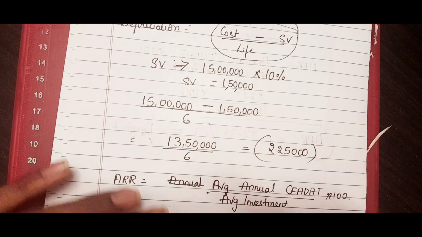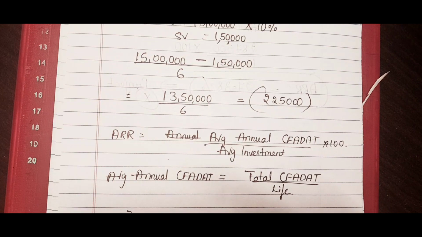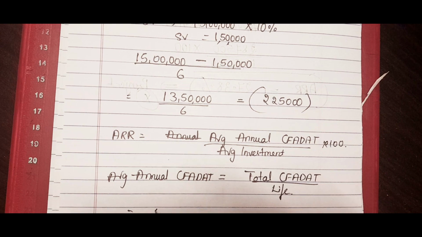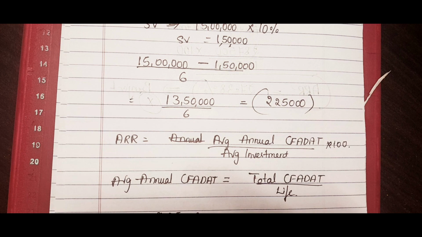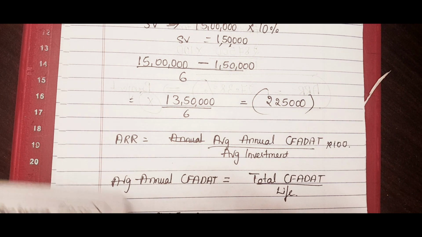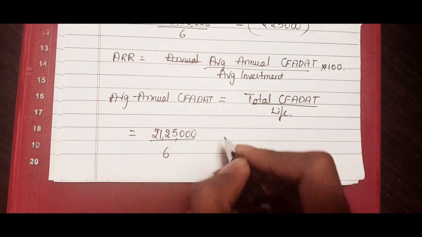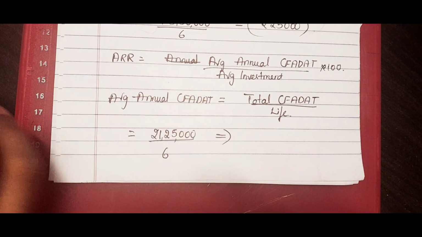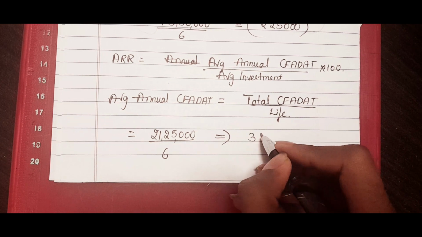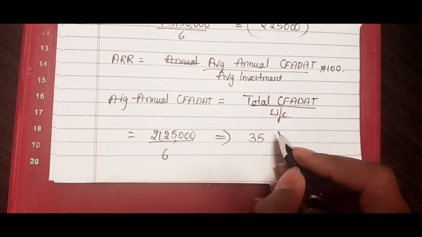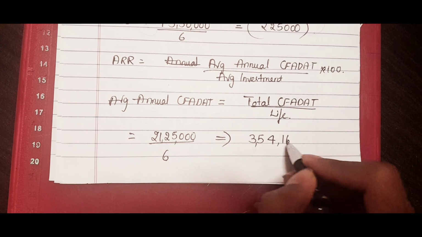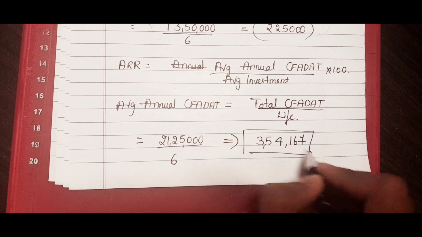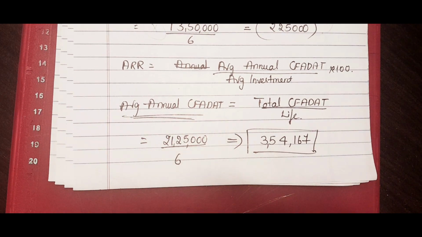It comes to 21 lakh 25,000. Now divided by life. The life of the machinery is 6 years. So divided by 6, it will be 3,54,167. This is average annual CFADAT.